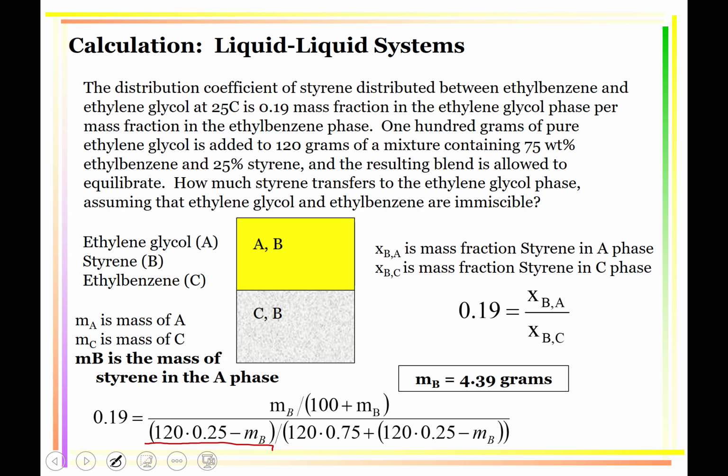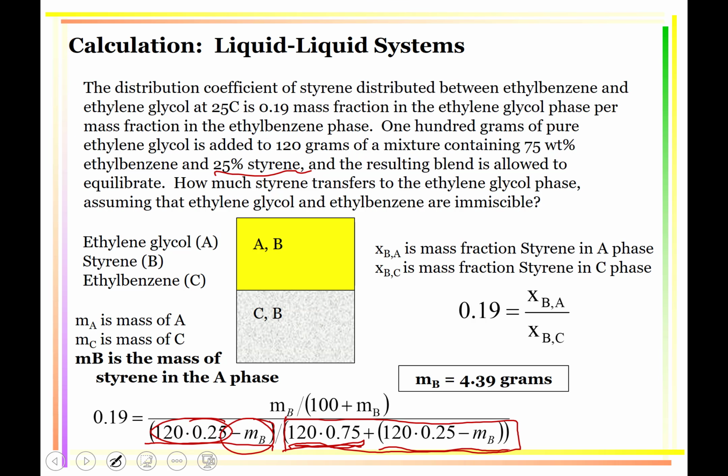Okay, so this here is the mass of B in the C phase. It's what we started with. 25% of the 120 grams is styrene. And we're going to subtract the amount that is in the A phase. Divided by the total mass of the C phase, which is going to be 120 times the 75% that is ethylbenzene, plus the amount of B in that phase.